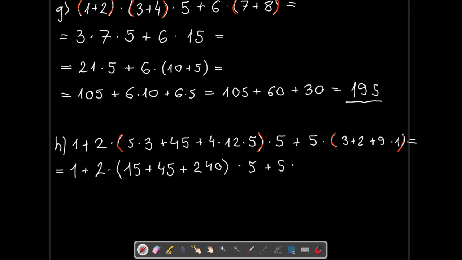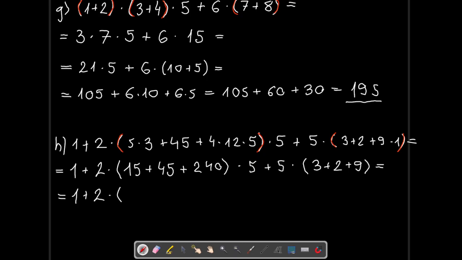Final bracket, we have a multiplication and addition. Let's just do the multiplication first. 9 times 1 is very easy. That's just 9. And now the only thing left in the brackets is addition. So let's just add these terms inside the brackets together.